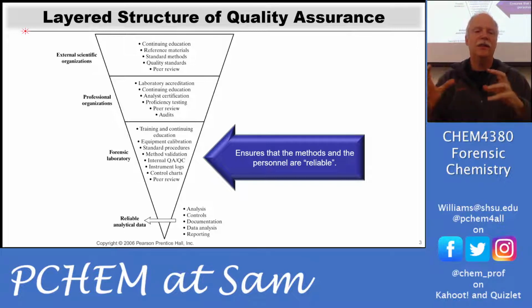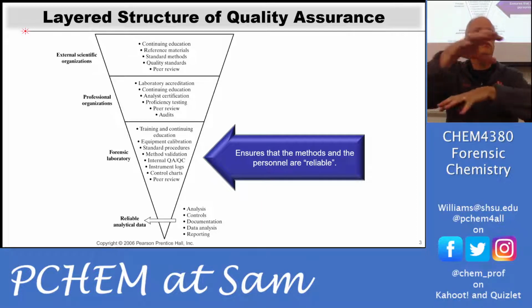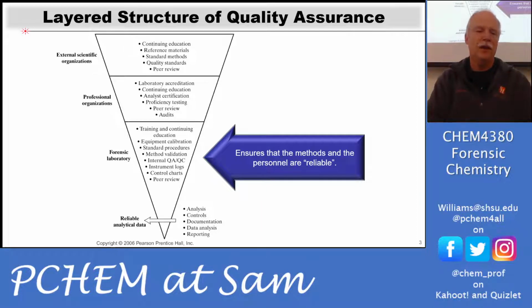There's also quality standards and peer review. The labs will review each other. Then you have laboratory accreditation. So under this professional organization, you have the Association of Forensic Science Lab Directors. You have proficiency testing. So you have, say, a GCMS procedure that's set up and you've run controls on it and so on.